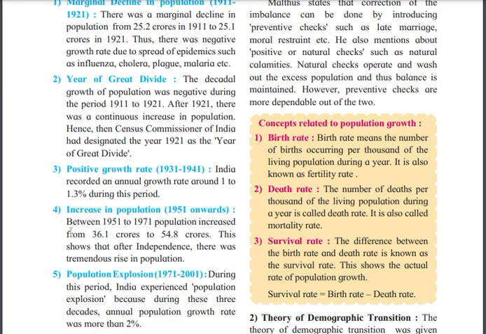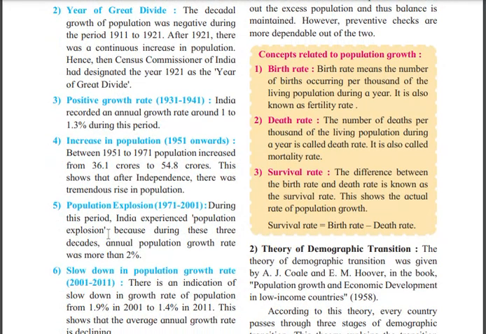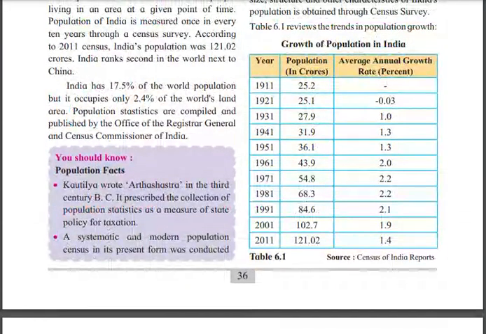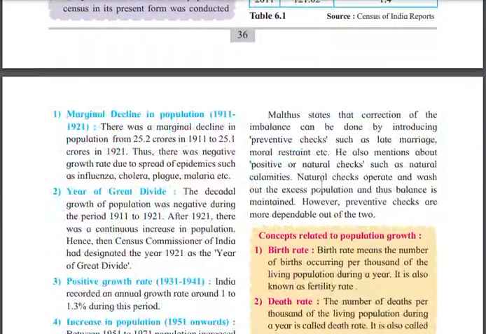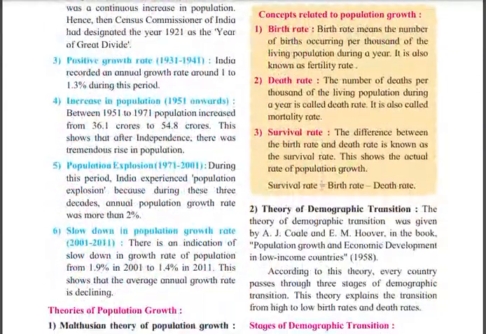Okay, so the fifth one is population explosion. The population was exploding in 1971. As you can see in the table, it was 2.2, and it exploded from here. And presently, everyone knows that the population of our country is more than 140 crore, right?